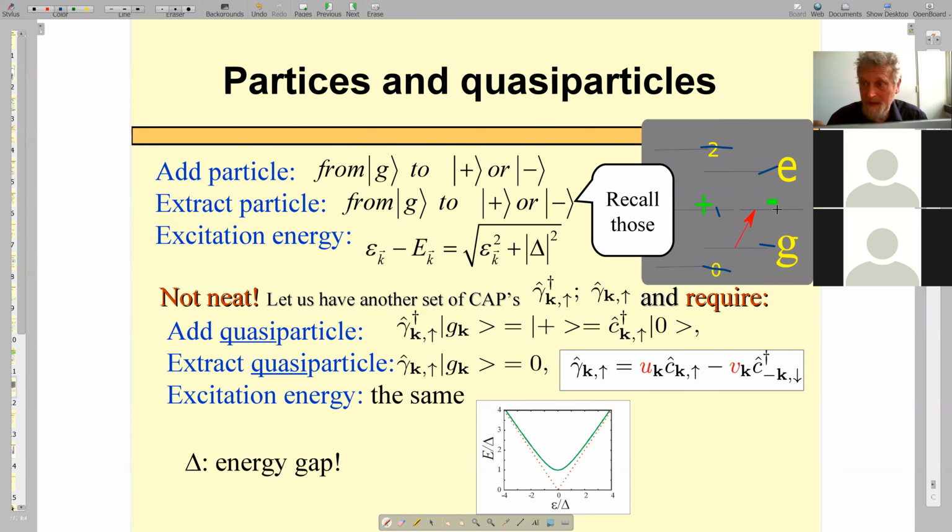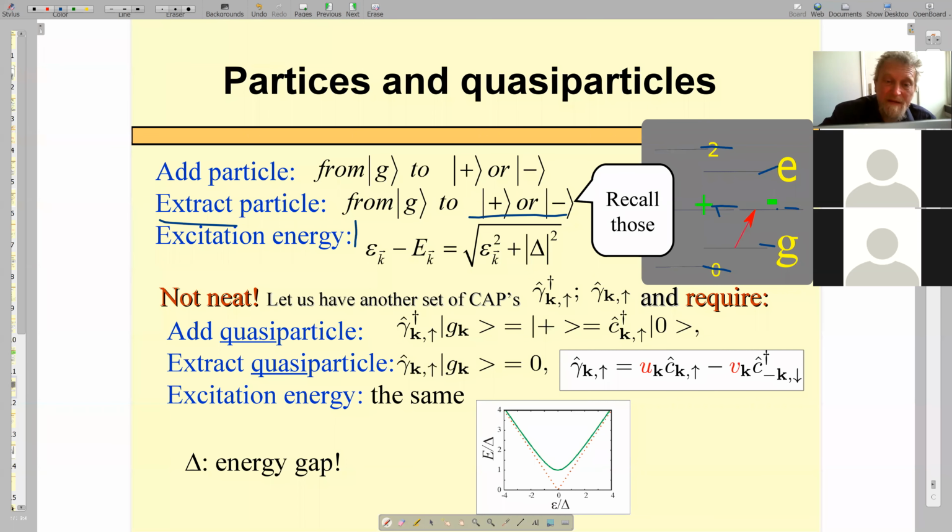It's a superposition. So if we extract a quasi-particle, we can also go from the ground state to these 2. So those states are obviously excitations, but we can excite the same state either by adding or extracting the particle. That's strange.